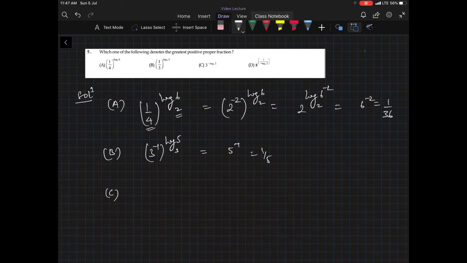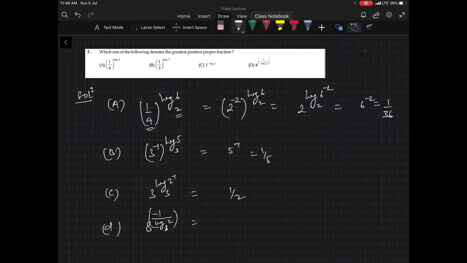C, 3 to the power log of 2 to the minus 1 base 3, it will become 1 by 2. D, in D, that is 8 to the power minus log 3 base 2, right.